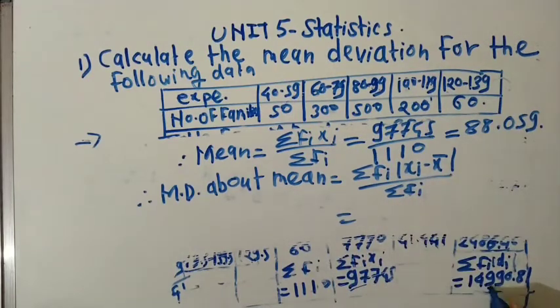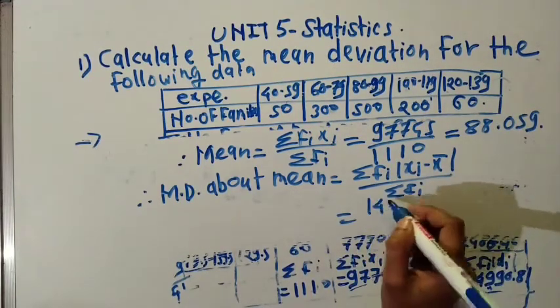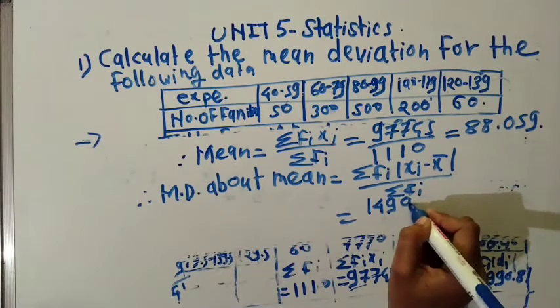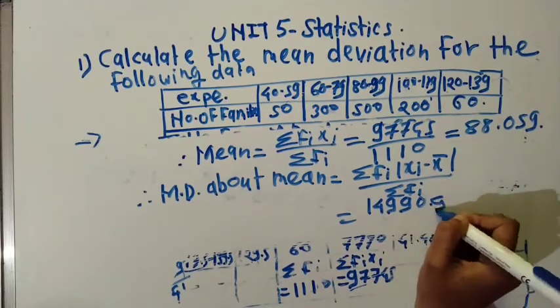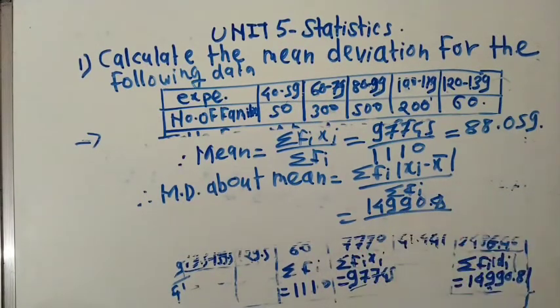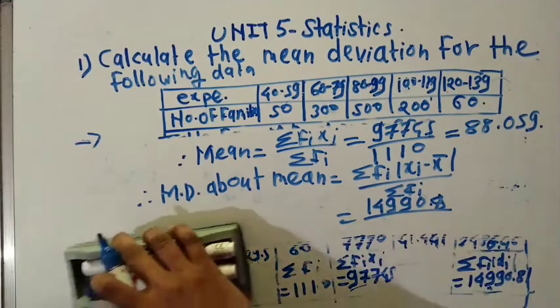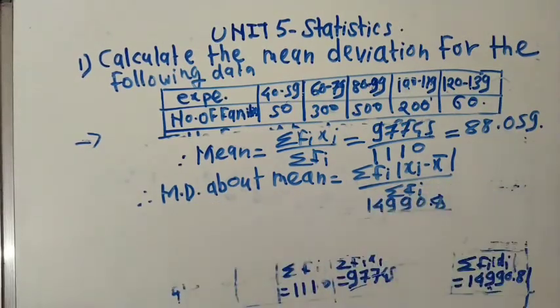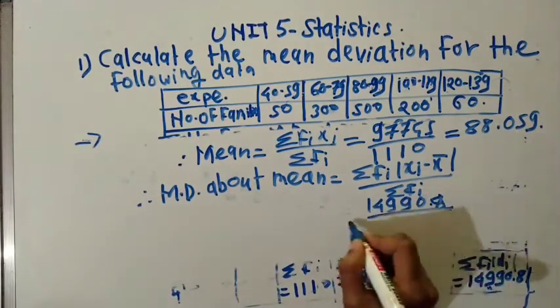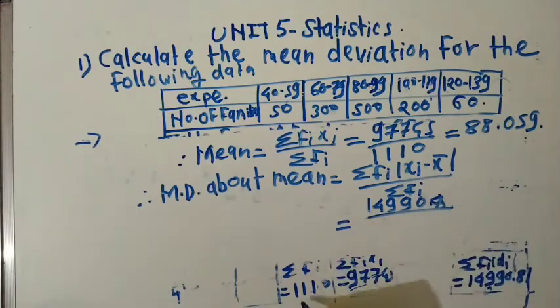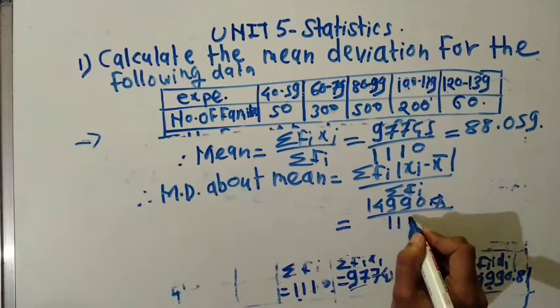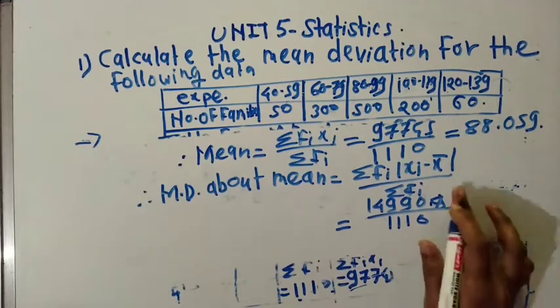This value is 14990.8 upon summation of fi, which is 1110.